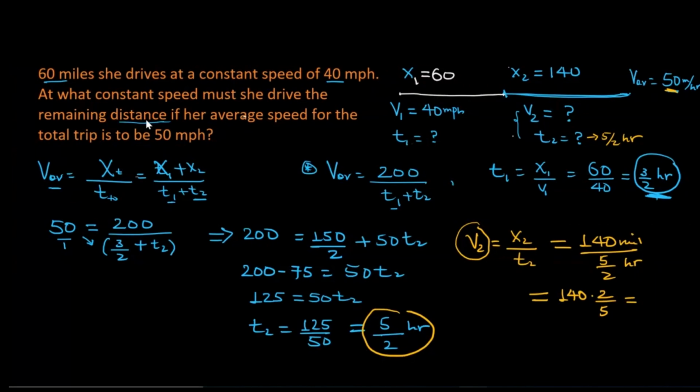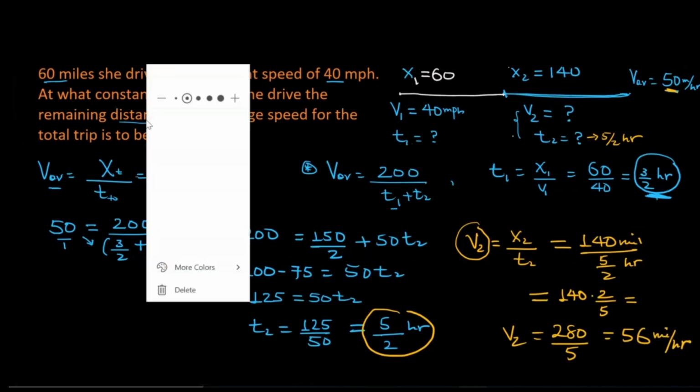So this is 280 over 5, which is equal to V2. If you simplify 280 over 5, you can simply use your calculator, which gives 56. So this is 56 miles per hour.